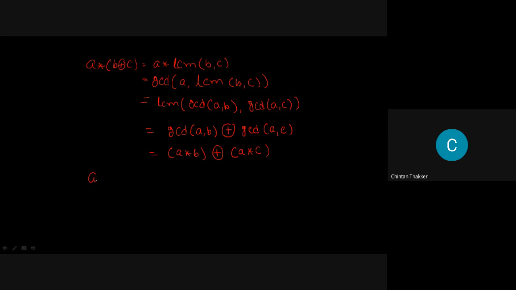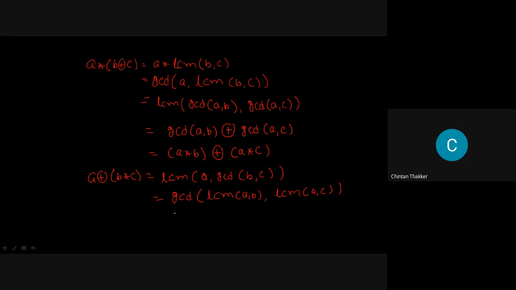In a similar way, you can prove that A ring sum (B star C), this is the LCM of A comma GCD of B comma C. Here if we apply the distributive property, we get the GCD of LCM of A comma B, and LCM of A comma C. So it is equal to (A ring sum B) star (A ring sum C).